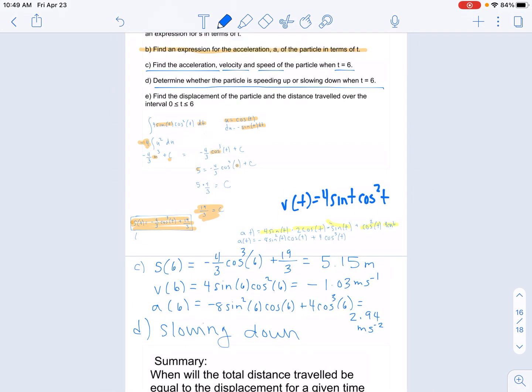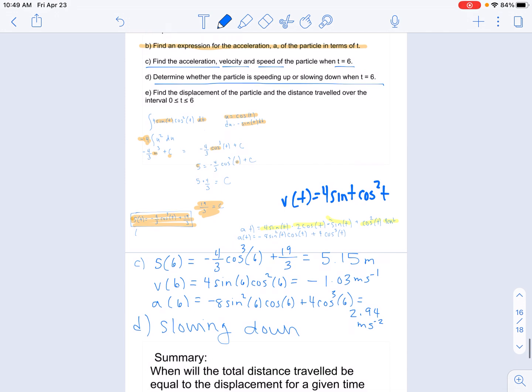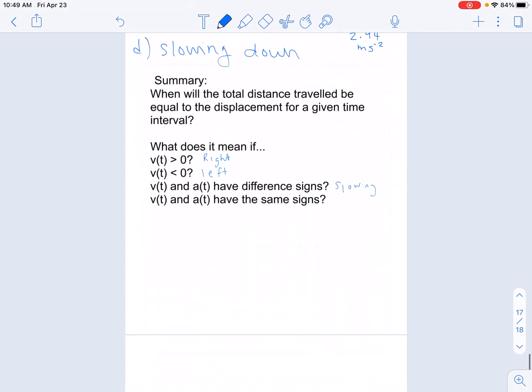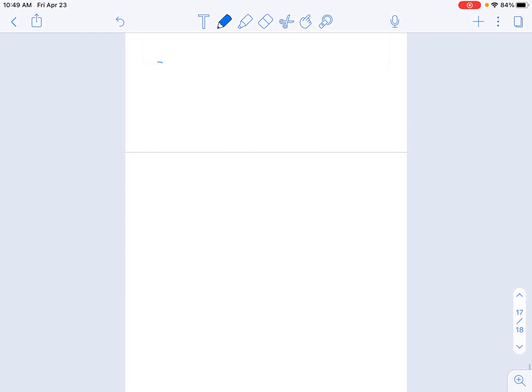Find the displacement of the particle and the distance traveled over the interval 0 to 6. Okay, so to do this, we are going to find the integral of the velocity function from 0 to 6. This will give us the displacement.